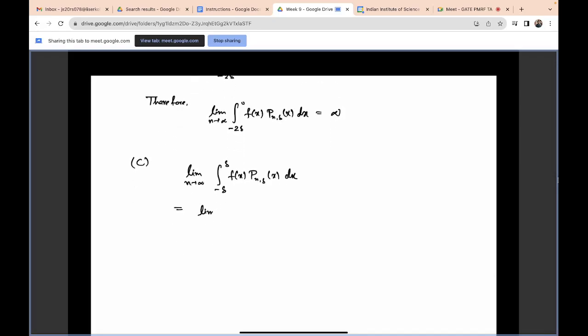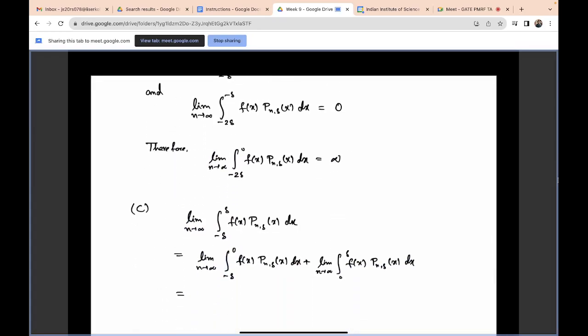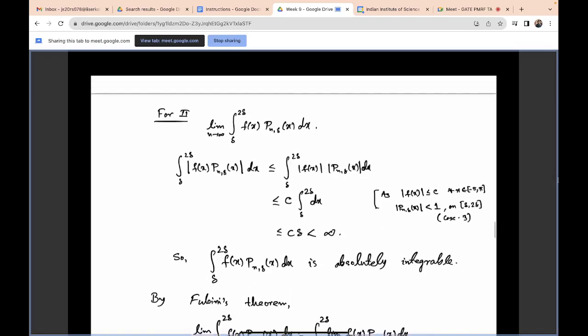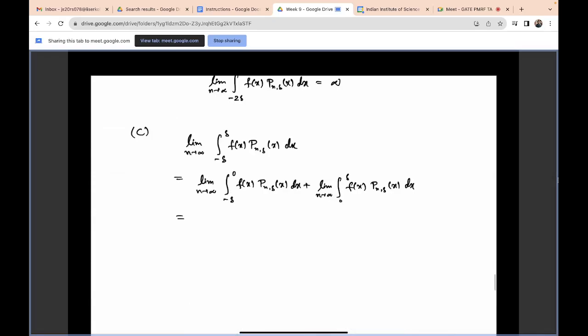You can write this again into two parts: limit n tends to infinity, minus delta to 0 of f(x) p_n,delta(x) dx, plus limit n tends to infinity, 0 to delta of f(x) p_n,delta(x) dx. In part B we have shown that minus delta to 0 is infinity, and from part A we have shown that 0 to delta is again infinity. So both parts go to infinity.